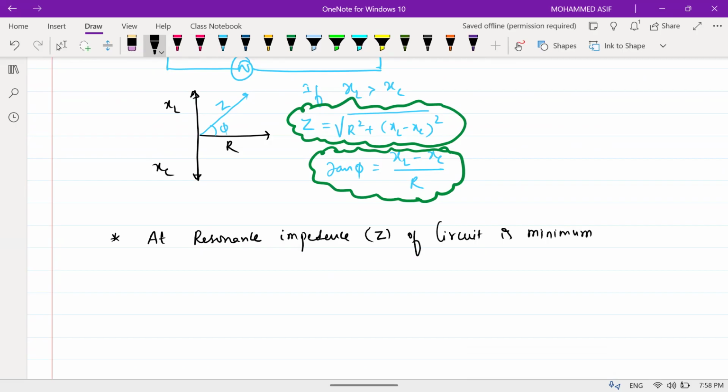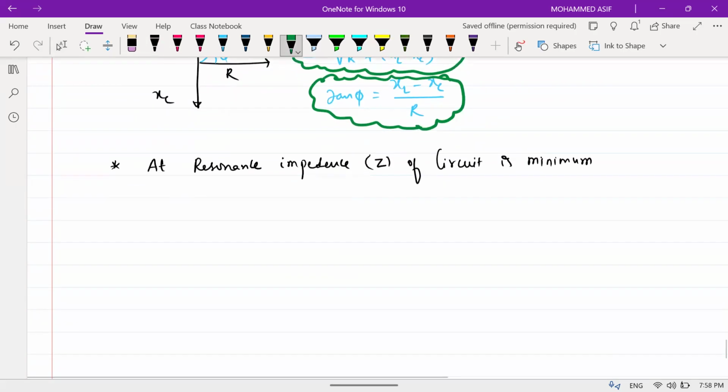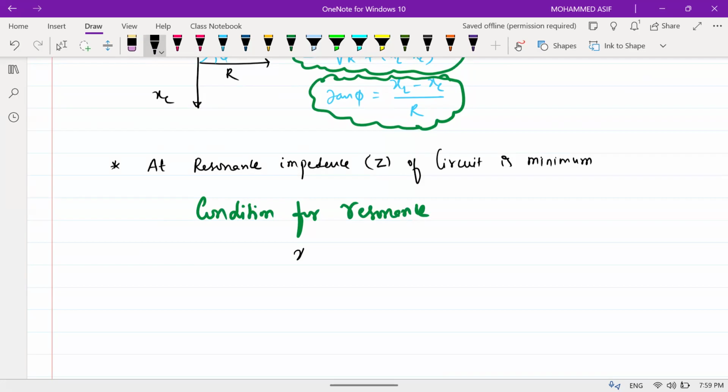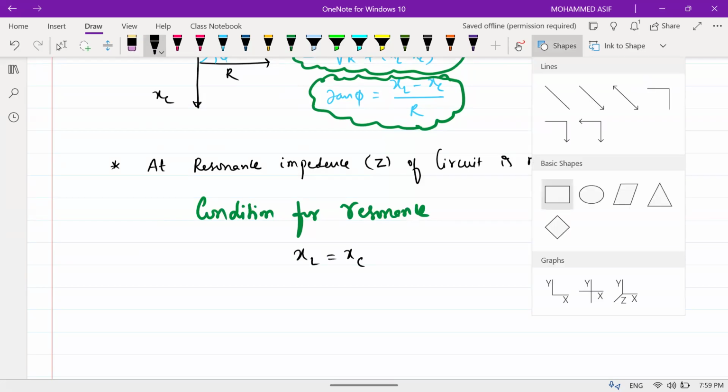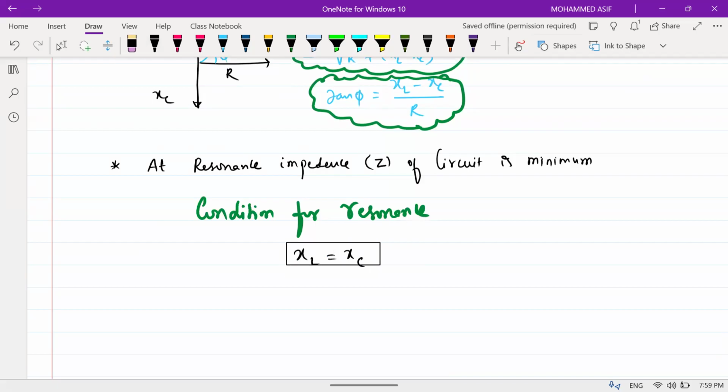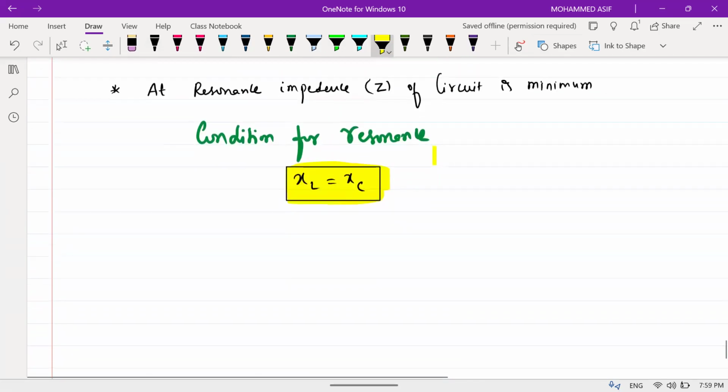If Z should be minimum, what should be the condition, beta? Can anyone tell me? Condition for resonance. XL must be equal to XC. This is the condition for resonance. Am I clear?